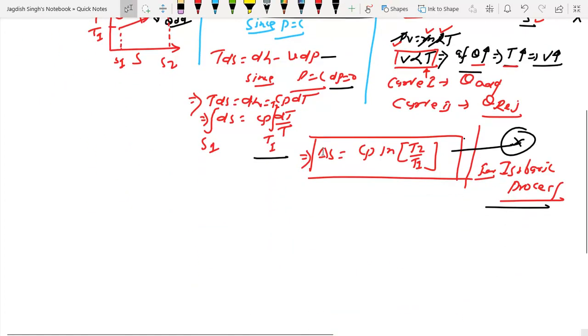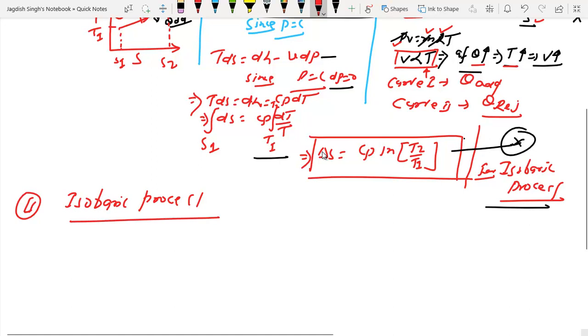Now let us suppose the next process is isochoric, sorry. In this process, we know that the volume is constant.